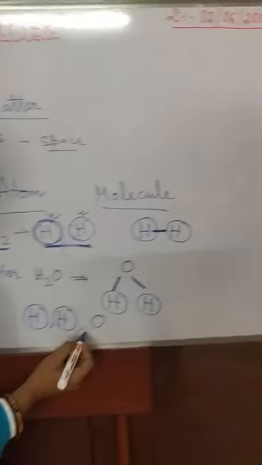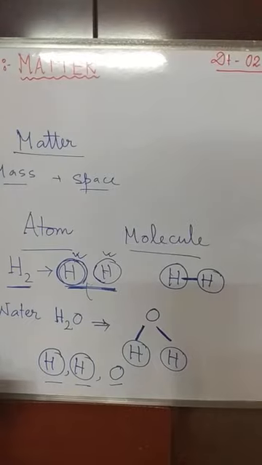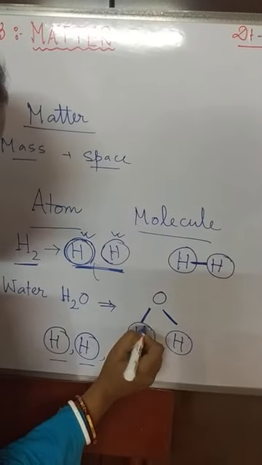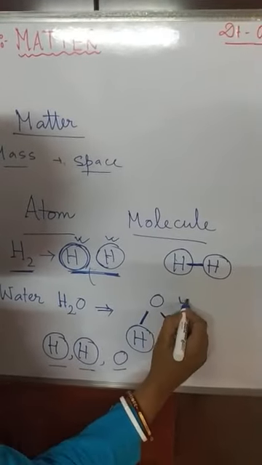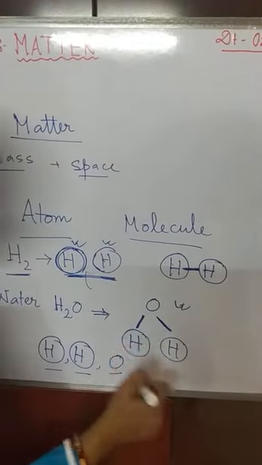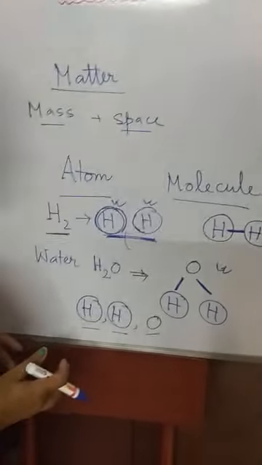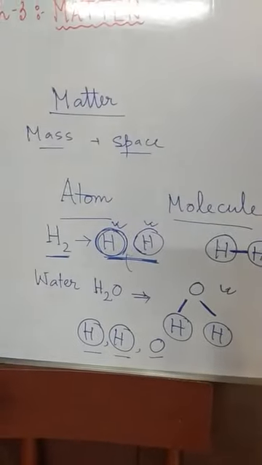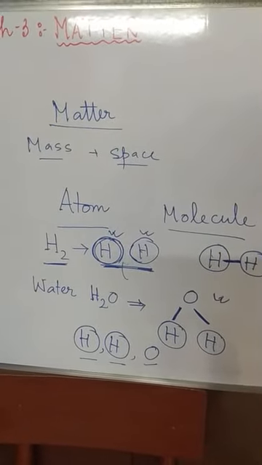Now these atoms cannot exist independently, but when they are bonded together with this chemical bond, the molecule has an existence, okay. This is the difference between atom and molecule, okay.